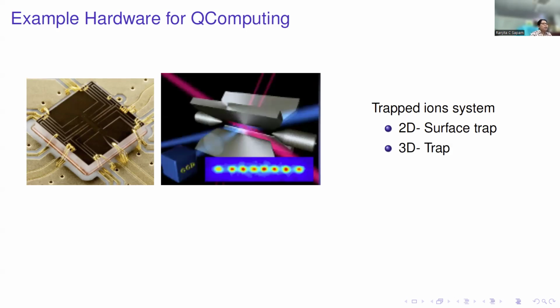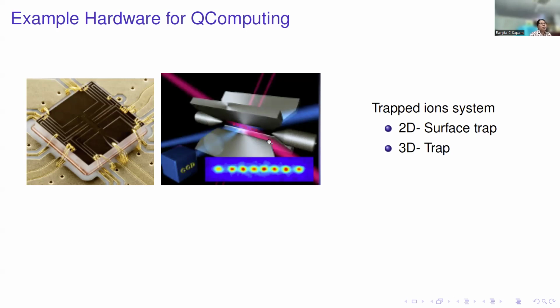Another example is what people are exploring now. We have developed a three-dimensional ion trap. When I say three-dimensional, the electrodes wrap around a three-dimensional XYZ structure, and the dot here is in the center of the electrodes. The gray colors are the electrodes. The red and blue colors are the laser lights we use to trap the ions.